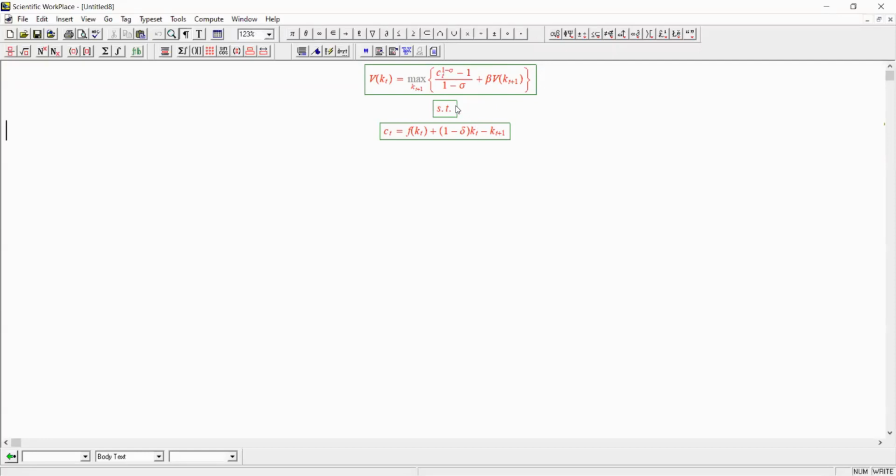Natural log, that is. Second, this production function here may not be bounded either. A very common example of the production function that we're going to use here is this. Again, this is unbounded as well.